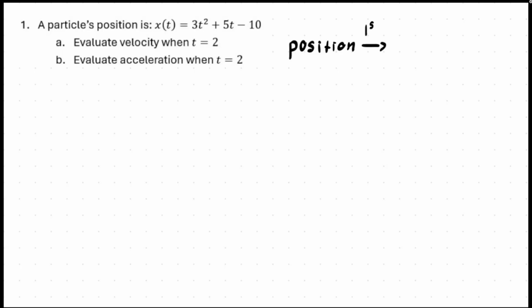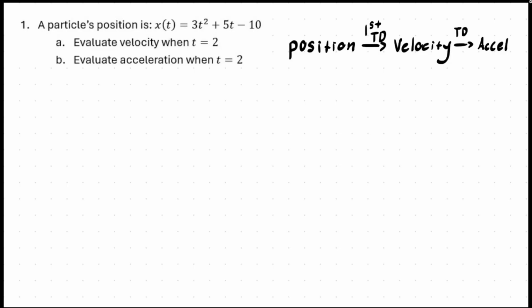So first time derivative, I'm just going to put TD, is velocity. And then another time derivative of velocity is going to give you the acceleration. Right. So, knowing that, we can start the problem.